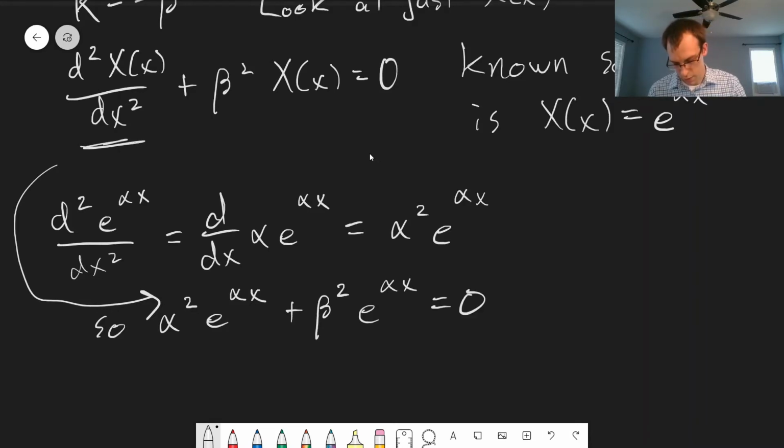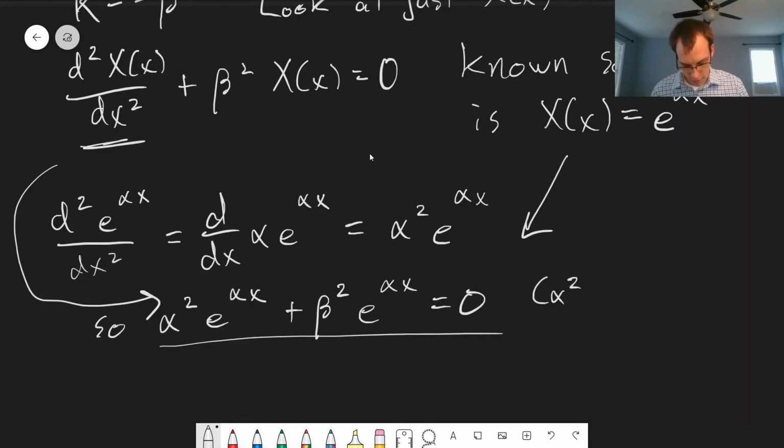This is our equation up above, just with our X of x substituted here. And so we can factor this and say that alpha squared plus beta squared times e to the alpha x is equal to 0. Now e to the alpha x could be equal to 0, but that would be trivial again. So we don't want that.